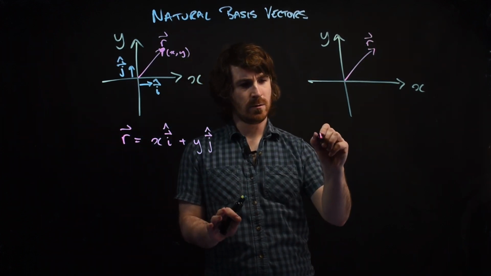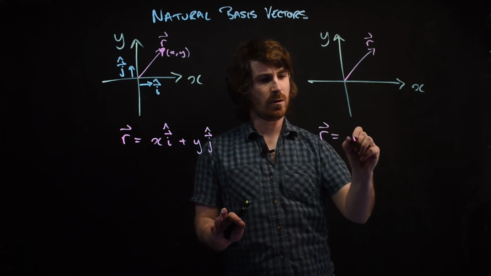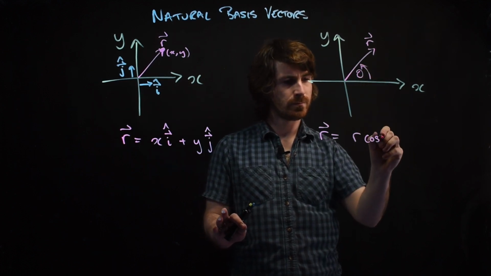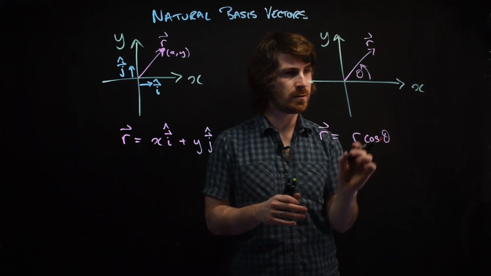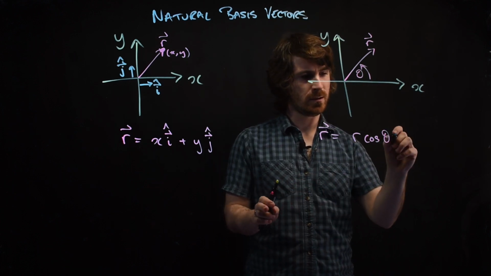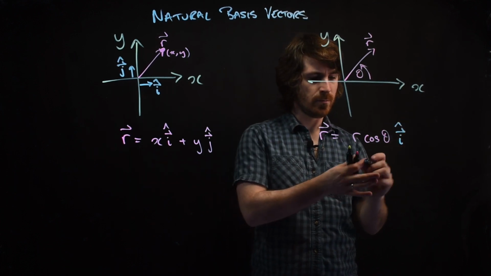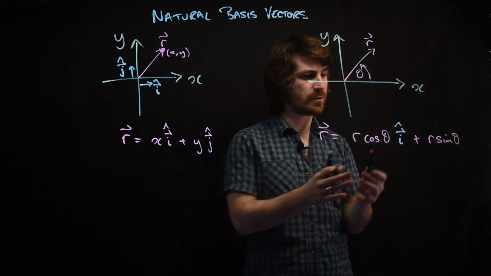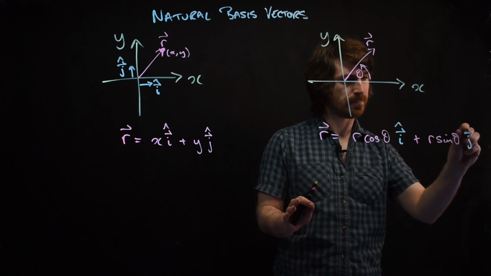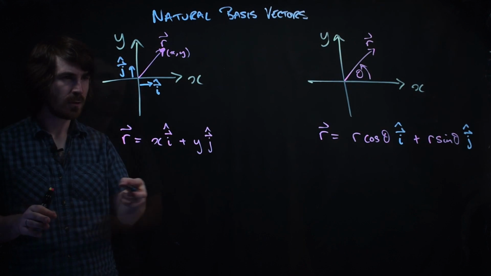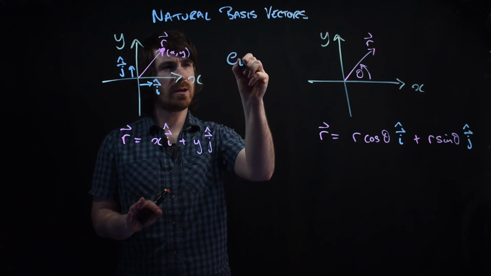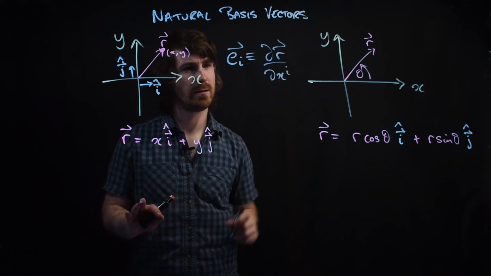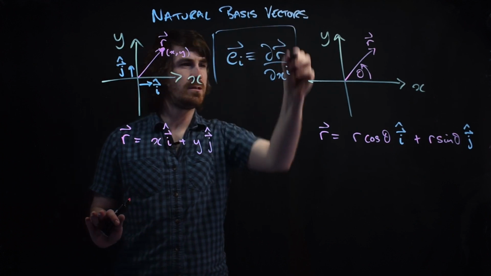And now it will be r cosine theta, where theta is some angle, so that's the component in the x direction, times i hat, plus r sine theta in the y direction, times j hat, the unit vector. Our natural basis vector E_i is defined by dr by dx^i. So let's work out what this is in each case.